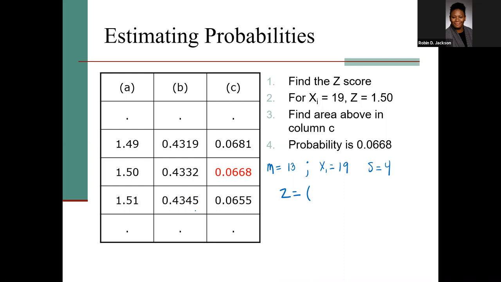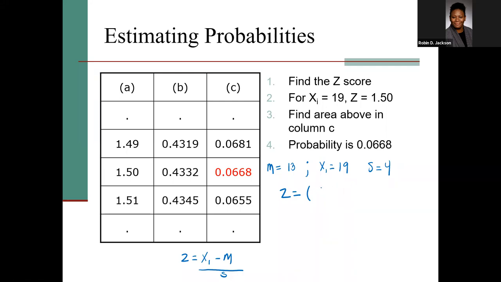Down here at the bottom, I'm going to write the formula for a Z-score. Remember, the formula for a Z-score is Xi minus the mean, divided by S. So there's that formula in case you need to see it again.